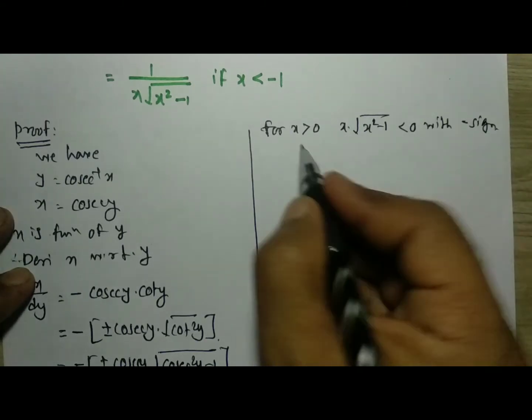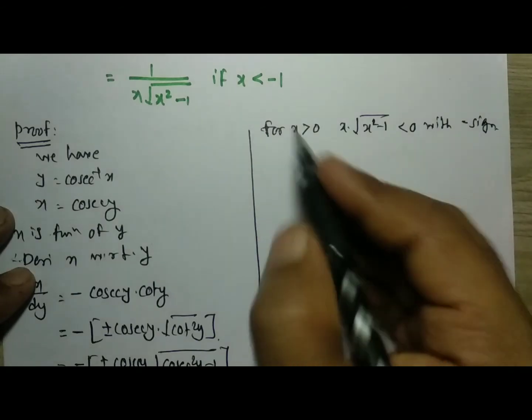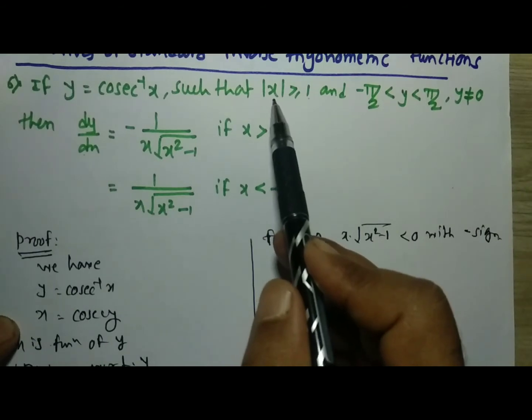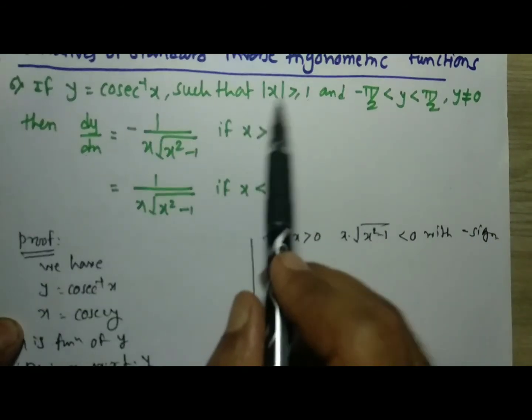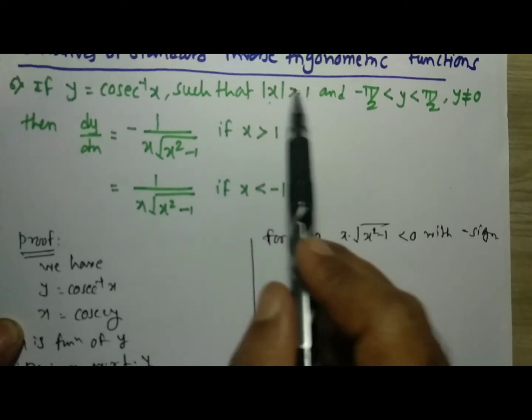How is it possible? First, take x greater than 0, but remember that in our question mod of x is greater than or equal to 1.